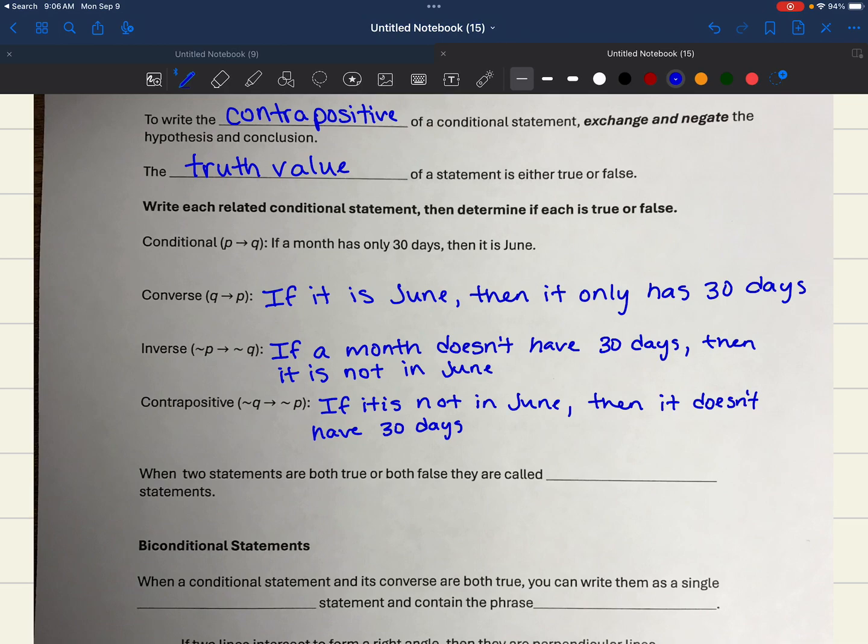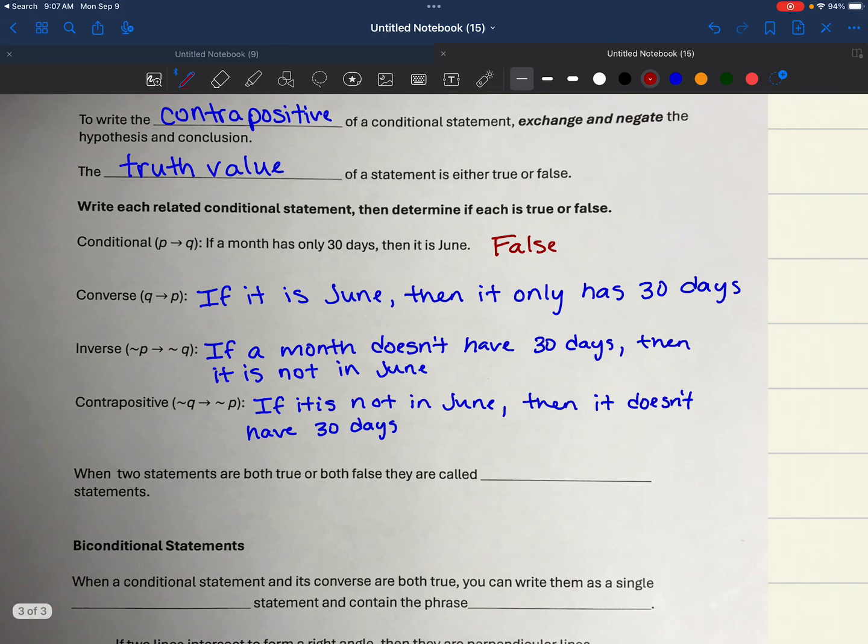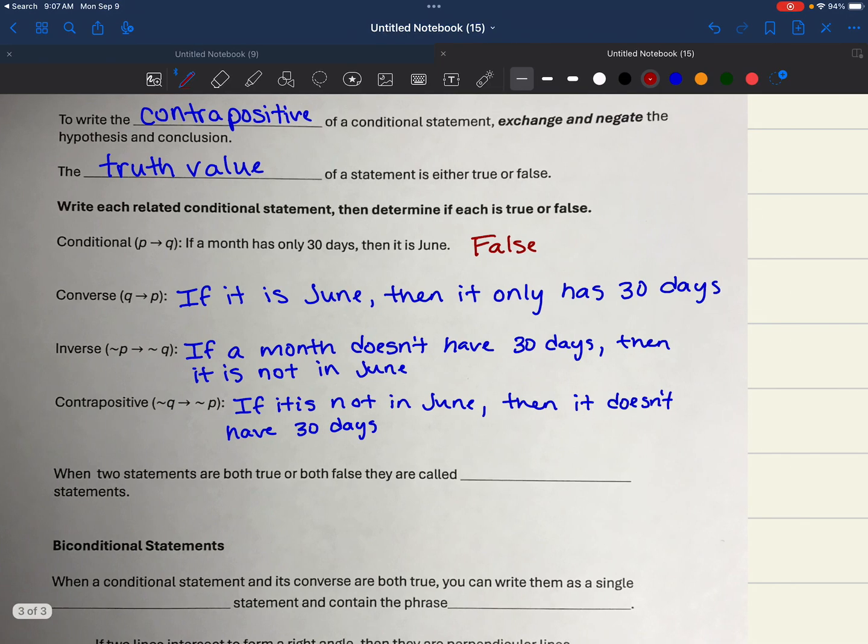Now, let's go through and just talk about some of these things. Our first conditional statement said, if a month only has 30 days, then it is June. Is that true? No, because are there other months that have 30 days? Yes. So we would say our first one is false. Our second statement, if it is June, then it only has 30 days. True.